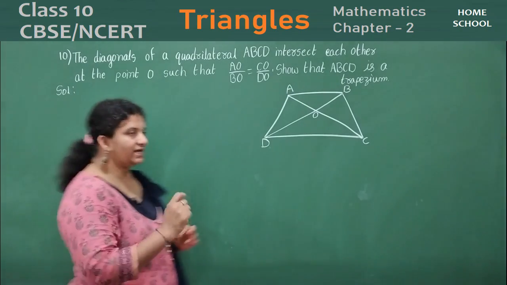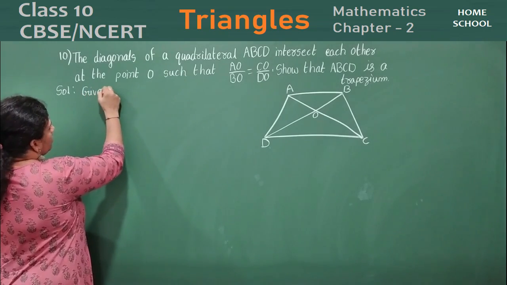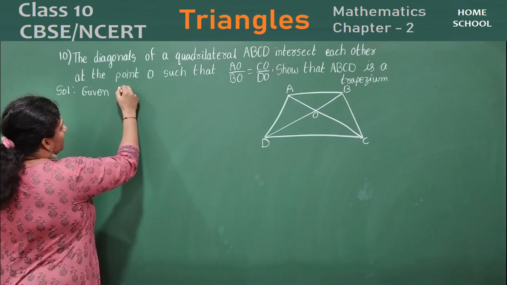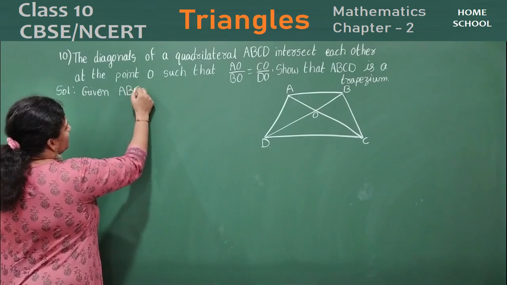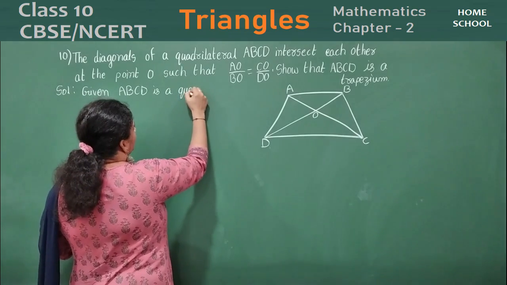So now let's start our solution here, children, with the given data. What is given here? Given ABCD is a quadrilateral.